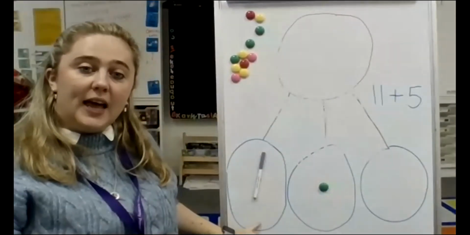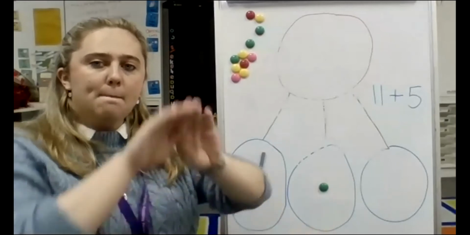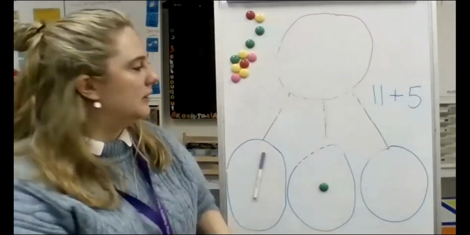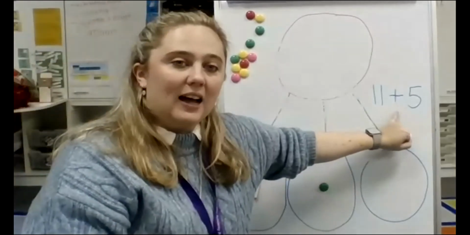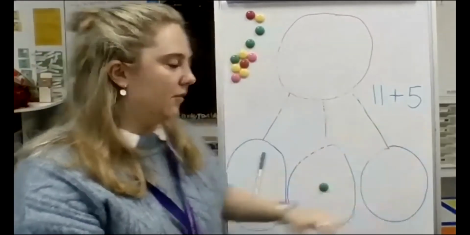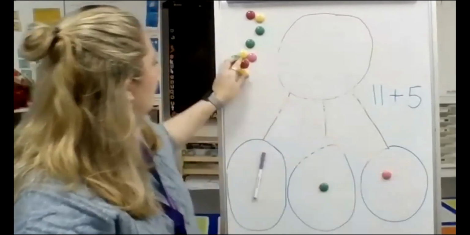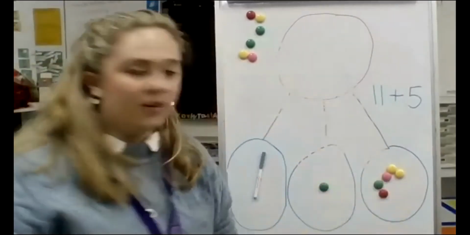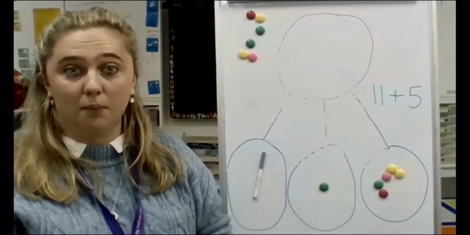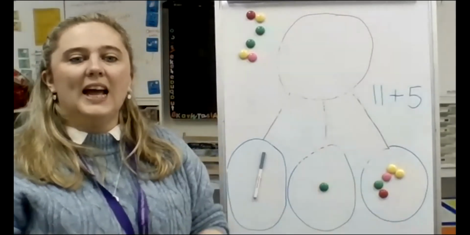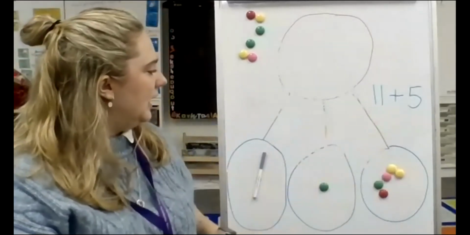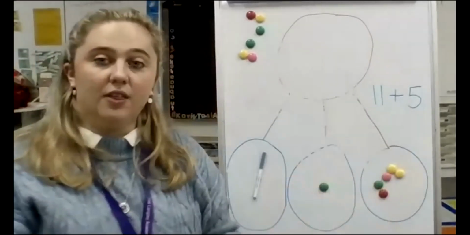So a part of 10 and a part of 1 makes a whole of 11. Fantastic. We're going to add 5. So let's put 5 in our other part. Okay. 11 plus 5. So we've got 11 here and 5 there.